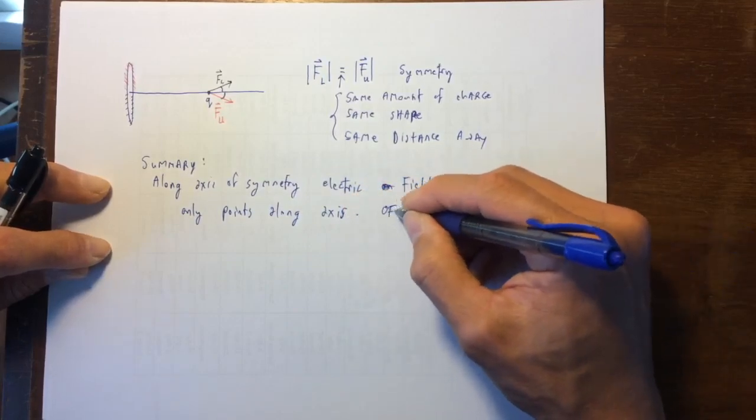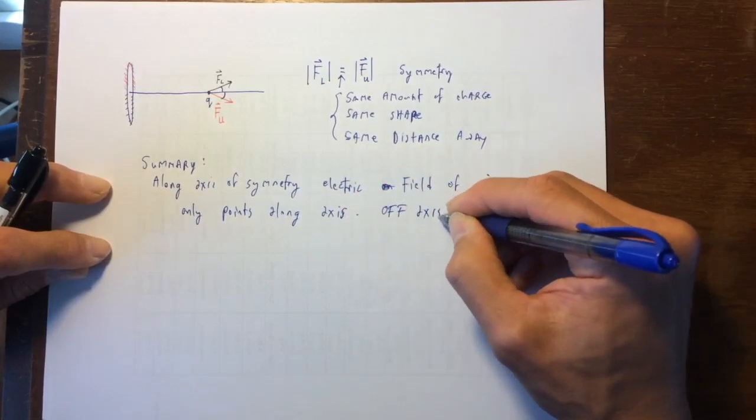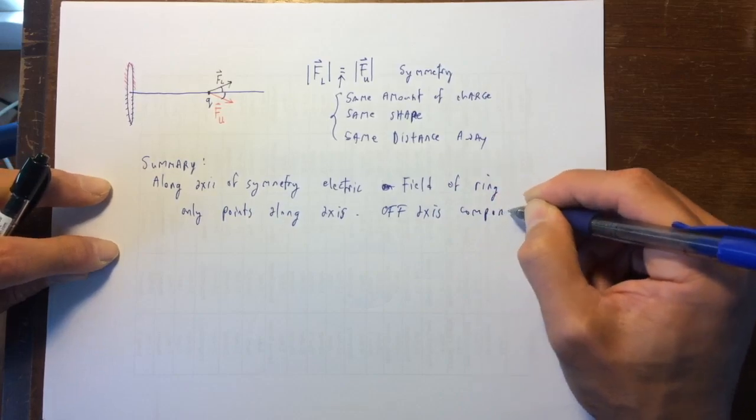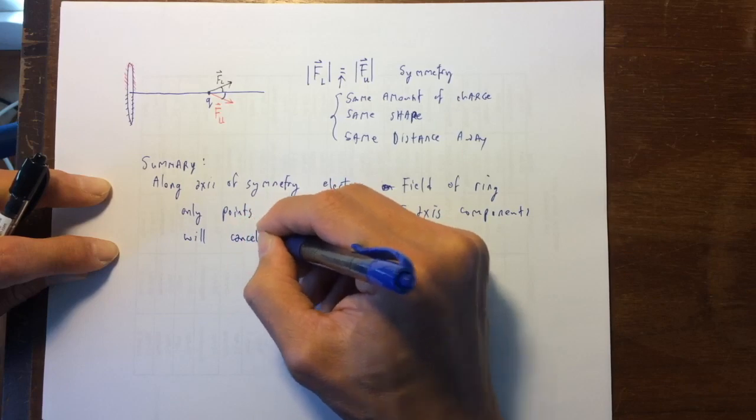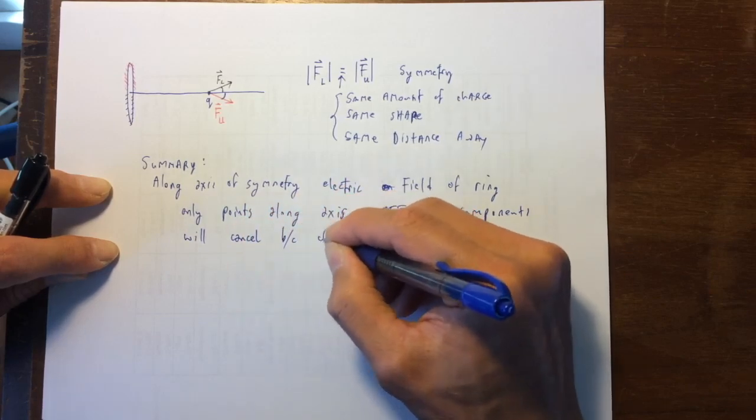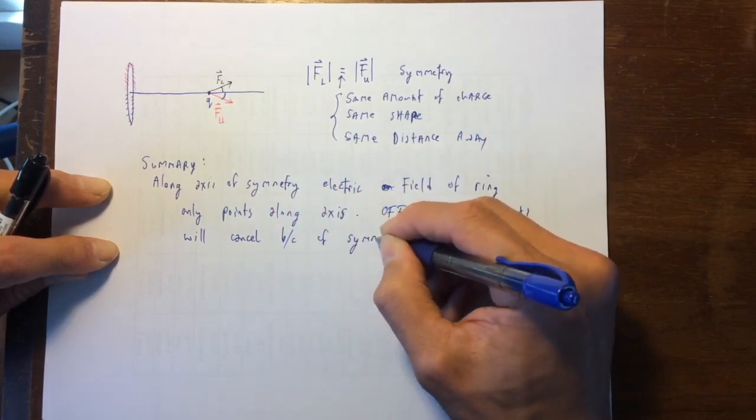The off-axis components will cancel because of symmetry arguments.